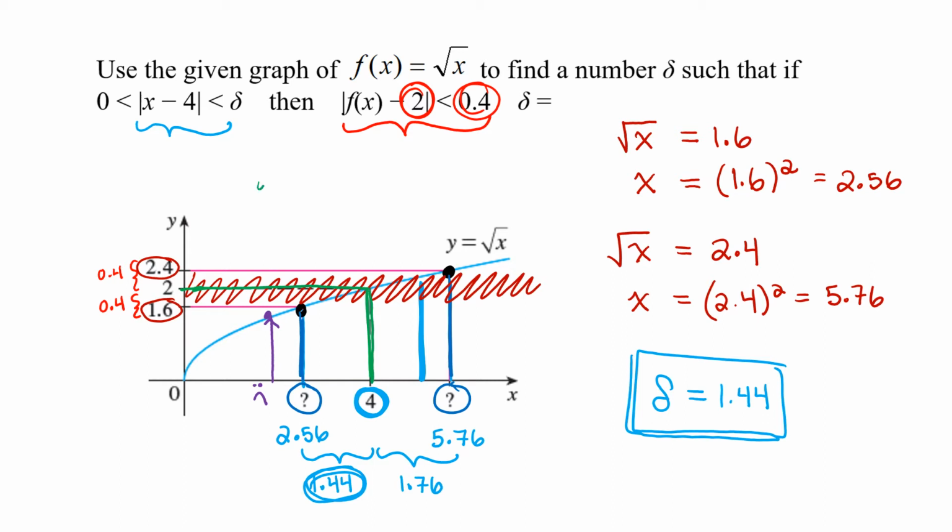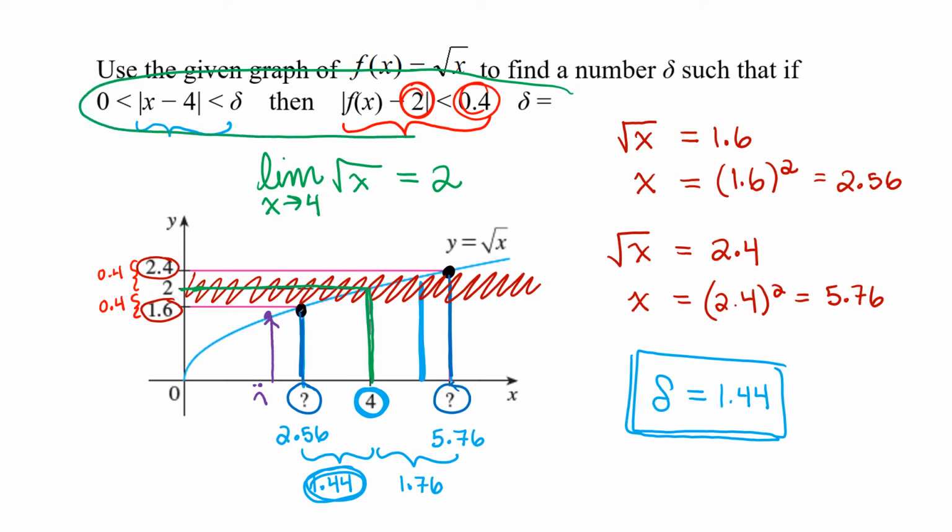So we're looking at the limit as x approaches 4 of the square root of x, and we want that to be equal to 2. And we're sort of approximating it with these bands here. So we're hoping that as x approaches 4, f of x is approaching 2. And we know that that's the case anytime we're falling within these bounds at least.